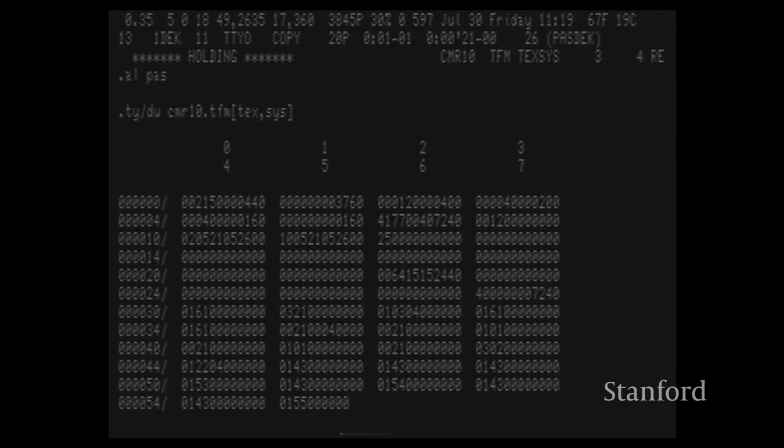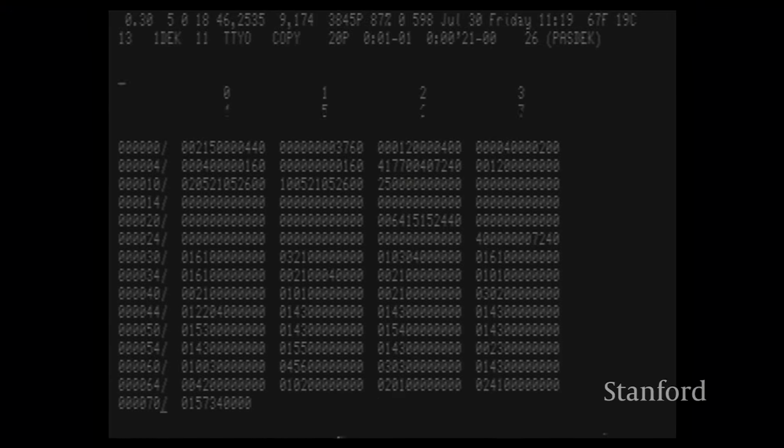So that'll really be 32 octal, which is 4 times 64, 256, 26 more, 282 words. So typically we're running between 250 and 300 words for the whole TFM file.